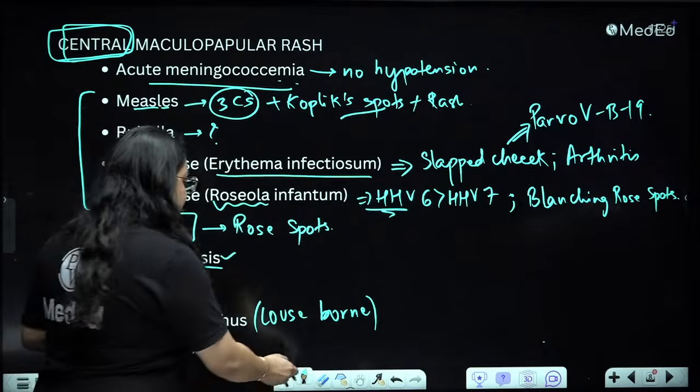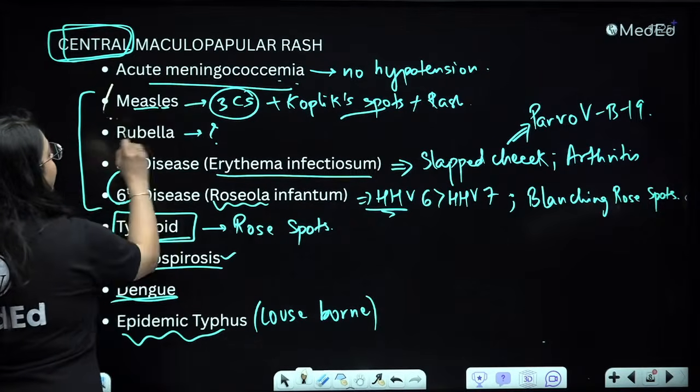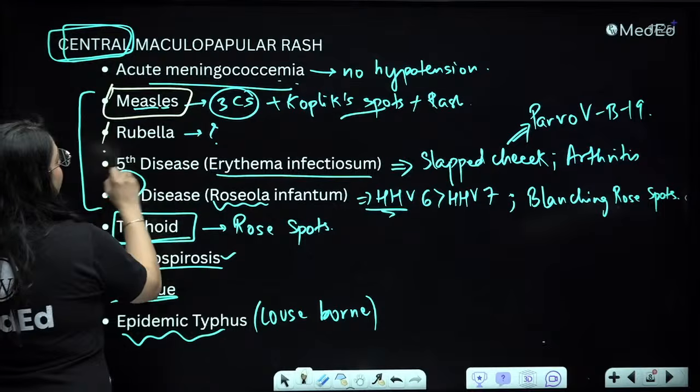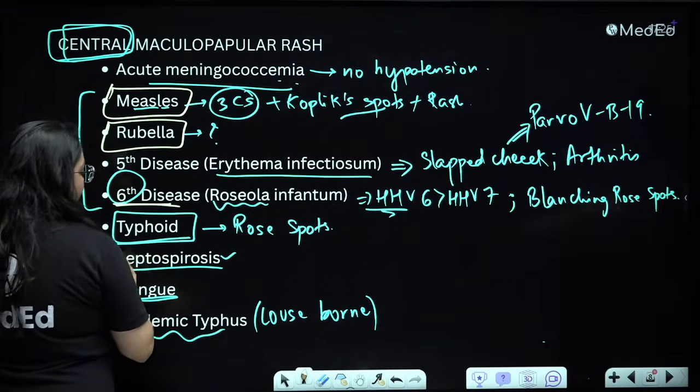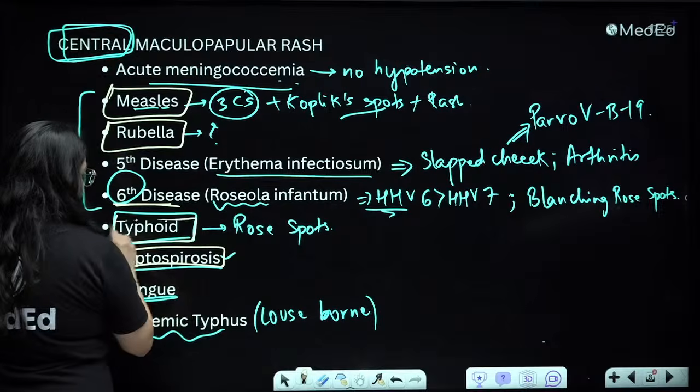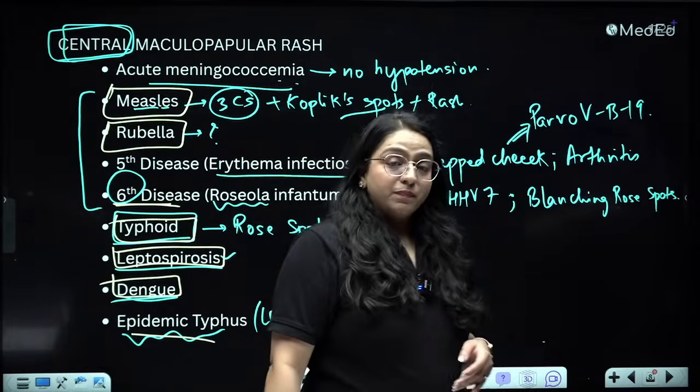So up till this time, what are all my DDs? I can definitely think of measles. I cannot rule out rubella either. It could be sixth disease. It could be leptospira, typhoid, dengue, and epidemic typhus also.